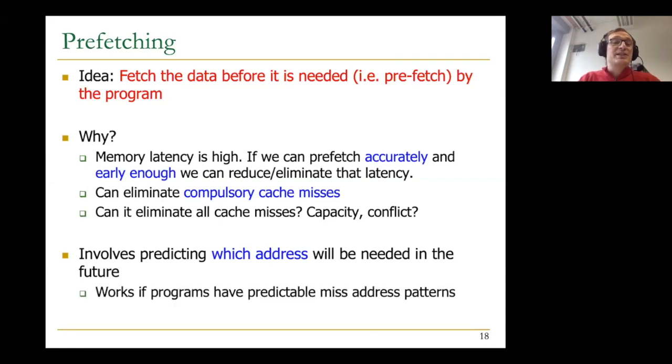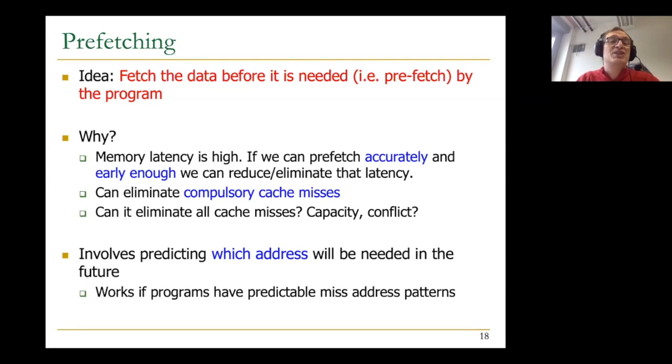Okay, so this works if programs have predictable miss address patterns, of course, right? If the programs have completely random address patterns, predicting which address is going to be difficult. That's why execution-based prefetchers will be useful. Then you may actually pre-execute the program as opposed to trying to predict using some heuristics what address will come next.